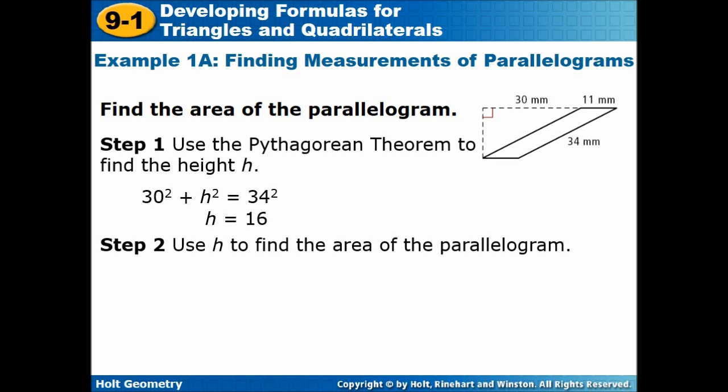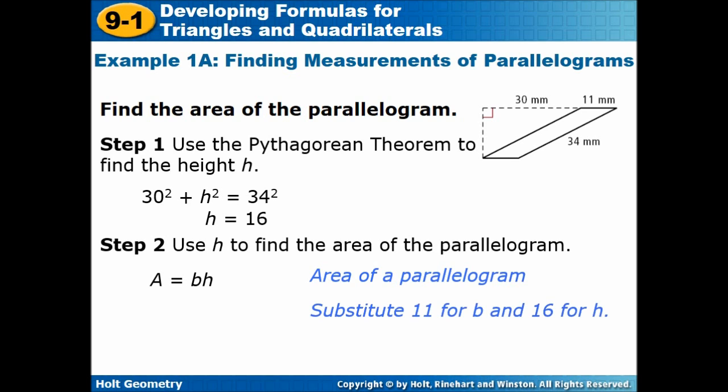Okay, step 2 then is we're going to use H to find the area of the parallelogram. So we're going to do another whole set of calculations. We know now that the height of the parallelogram is 16, and we know the base is 11. So if our area is base times height, then we're going to multiply 16 times 11, and that should give us the area.